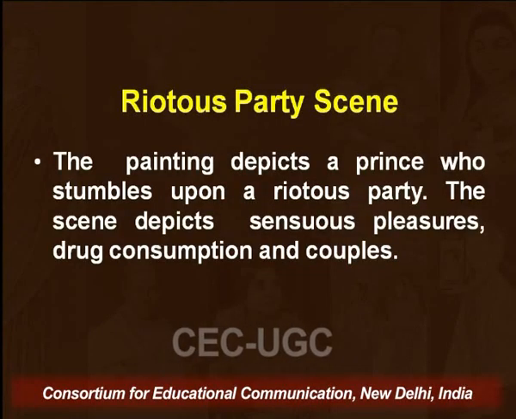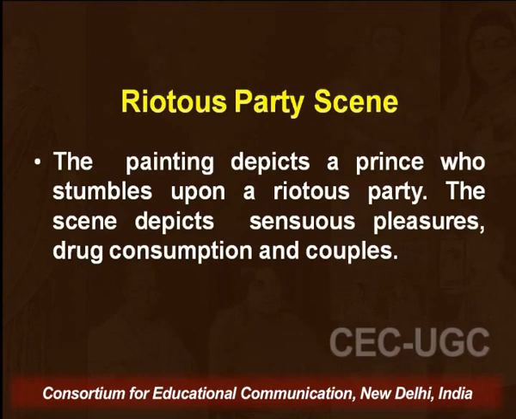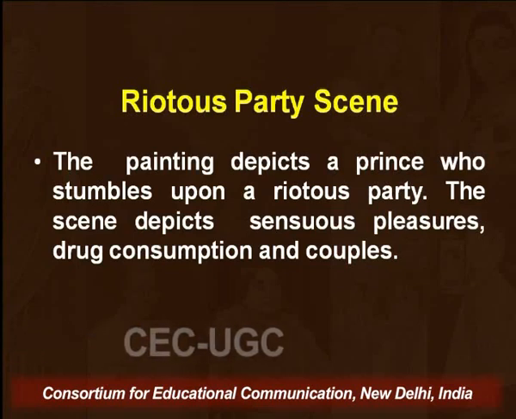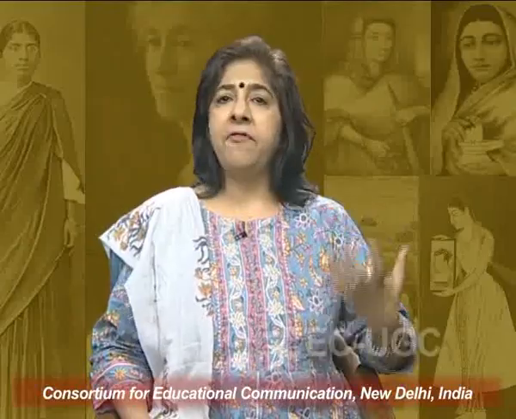For example, a painting depicting a writer's party scene showed a prince who stumbled upon a writer's party, and the scene depicted sensuous pleasures, consumption of drugs, and couples having fun.